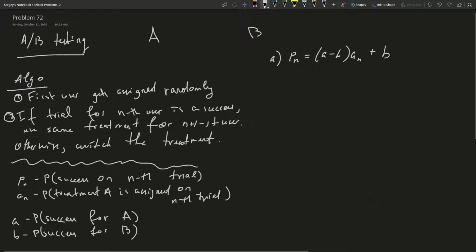What is little p sub n? Well, that is the probability that we have success on the nth trial. How could we register a success on the nth trial? That can happen in two ways. We're implicitly using the law of total probability here.